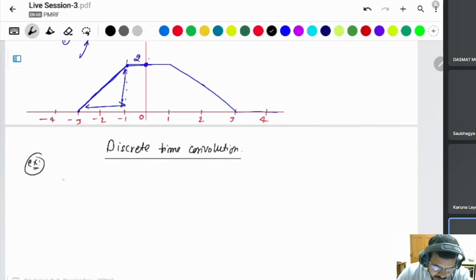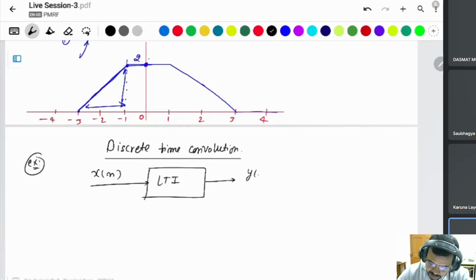Discrete time convolution, like the same LTI system, you give some input x[n] and the output is y[n], system is h[n]. Then what is y[n]? y[n] is equal to x[n] convolution h[n].